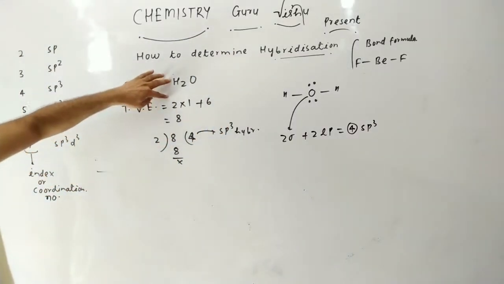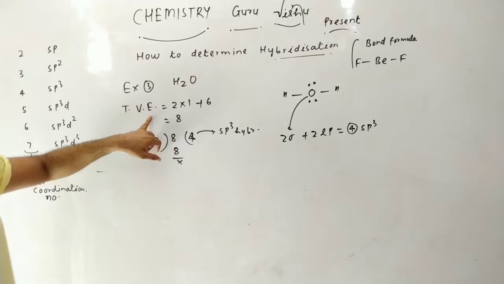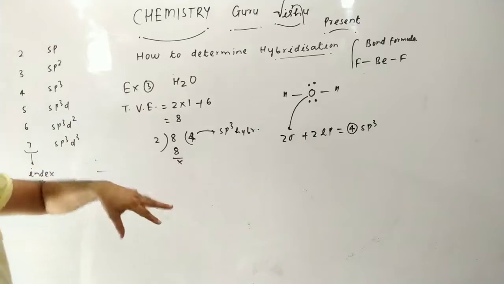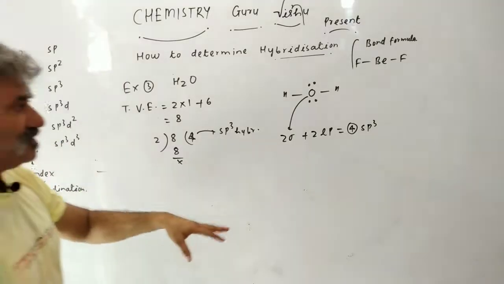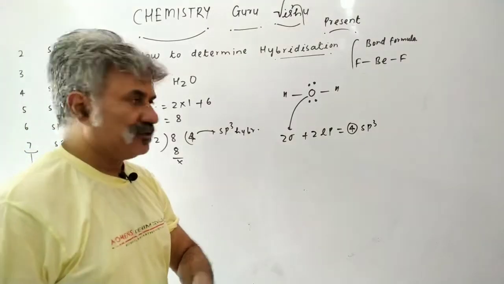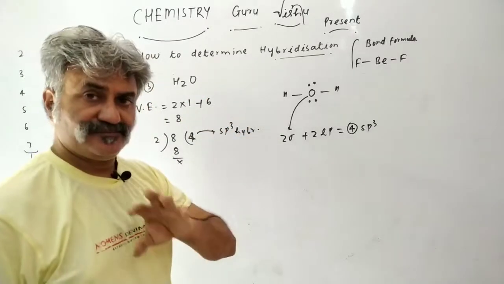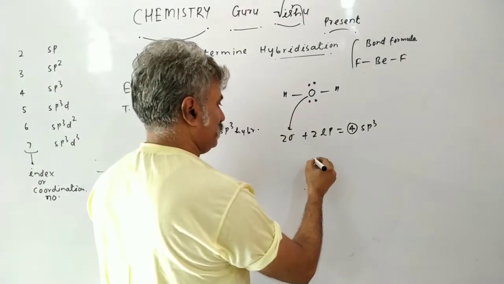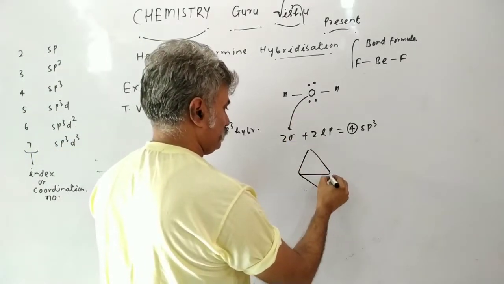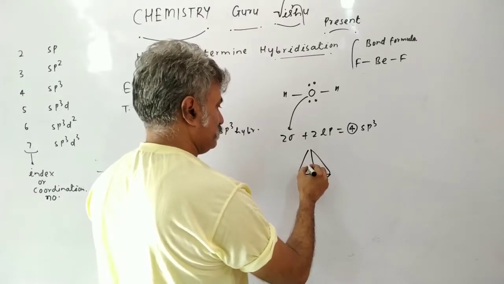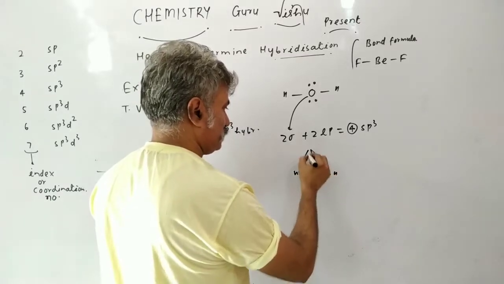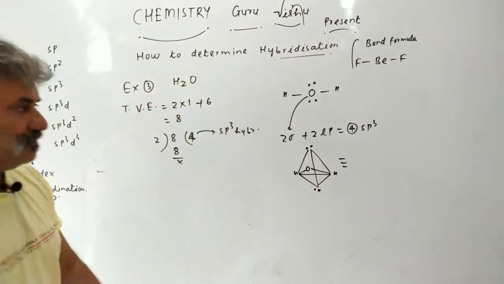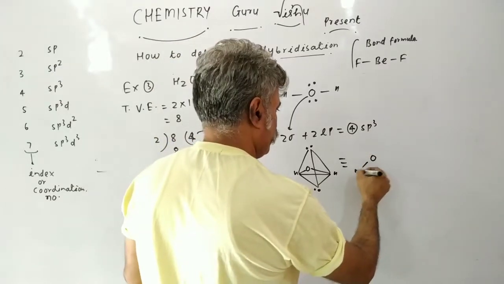By using the total valence electron method, we can only predict the hybridization, the type of hybridization. But using the bond formula method, we can discuss the entire geometry, the final geometry. This is tetrahedral: oxygen, hydrogen, hydrogen, and these are 2 lone pairs. Now we have to discard the lone pairs, and now we have this.